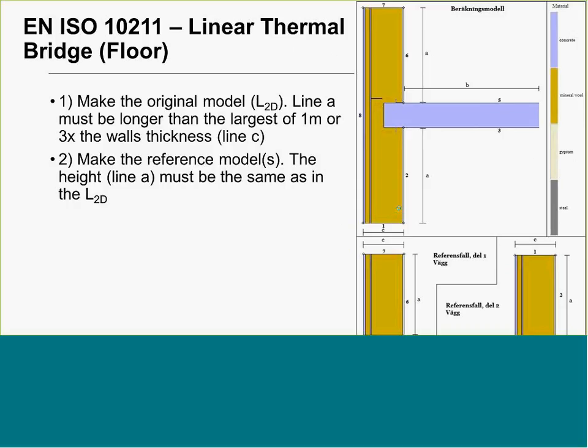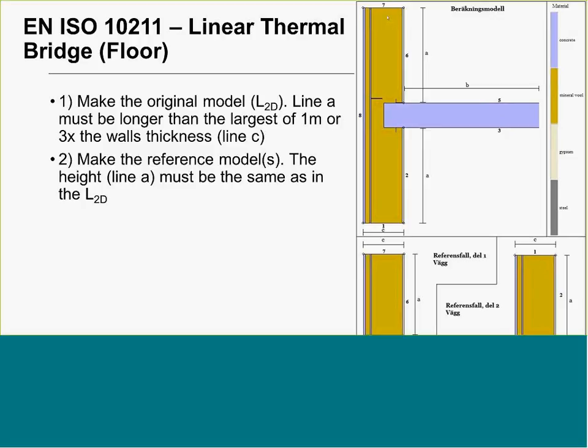According to the 10211 for linear thermal bridge for floor, we make an original model, so like I said, and we calculate that. And we have a little bit of requirements as well, like the line A has to be longer than 1 meter or 3 times the thickness of the wall.